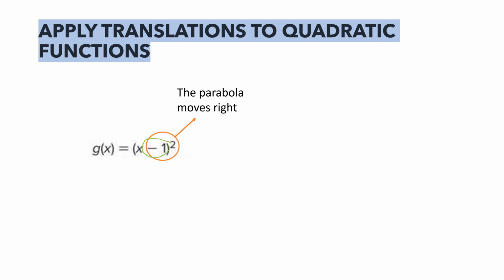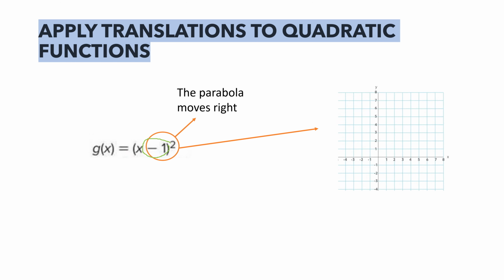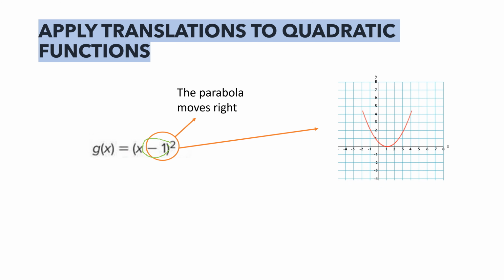Minus 1 would be towards the right, but if you saw positive 1 inside the bracket, it will be to the left. If the translation number is inside the bracket, it would be either left or right. If we graph it, you can see that the parabola moved 1 step to the right because it's negative. But if it was positive, it would move 1 step to the left.